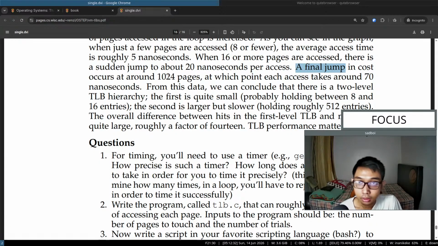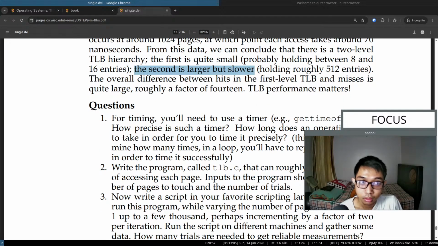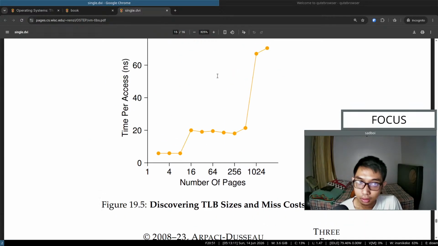A final jump in cost occurs around 1024 pages, at which point an access takes around 70 nanoseconds. From this data, we can conclude that there is a two-level TLB hierarchy. The first is quite small, probably holding between 8 and 16 entries. The second is large but slower, holding roughly 512 entries.